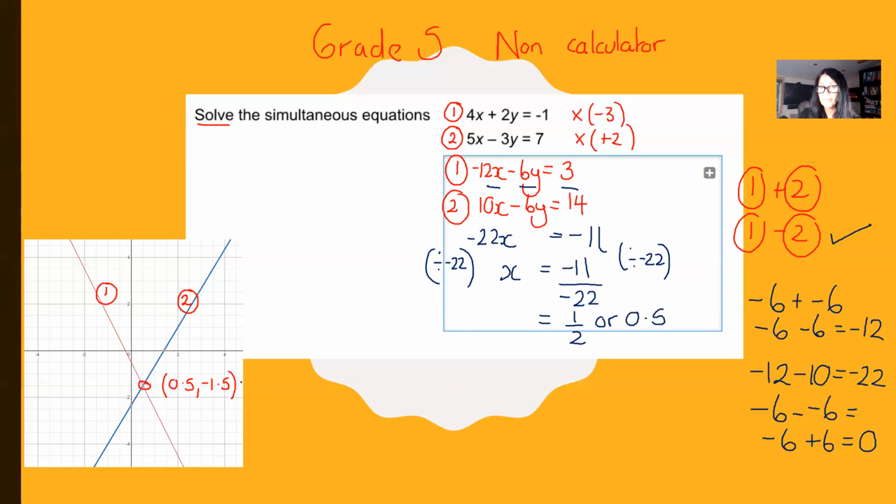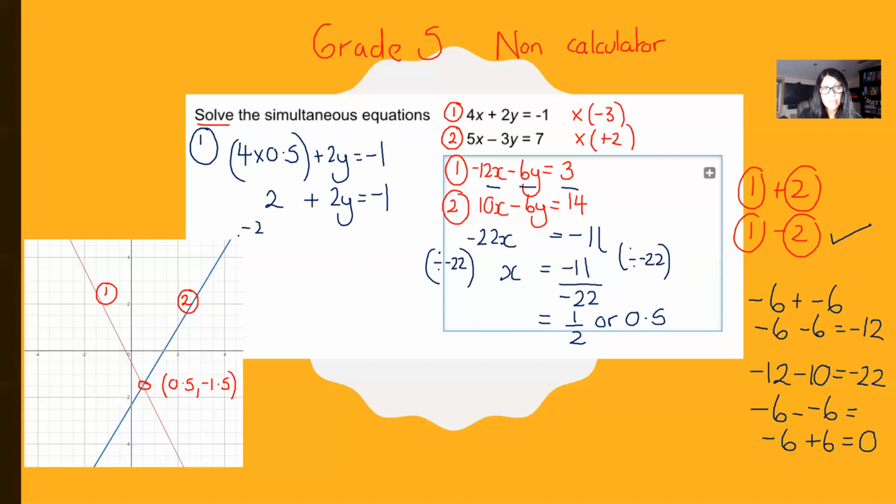To find my y variable, I need to substitute x equals a half back into either equation. It doesn't really matter. I'm going to do the first one. So 4 lots of a half, that's 4x, plus 2y is negative 1. So 4 times a half is 2, plus 2y is negative 1.